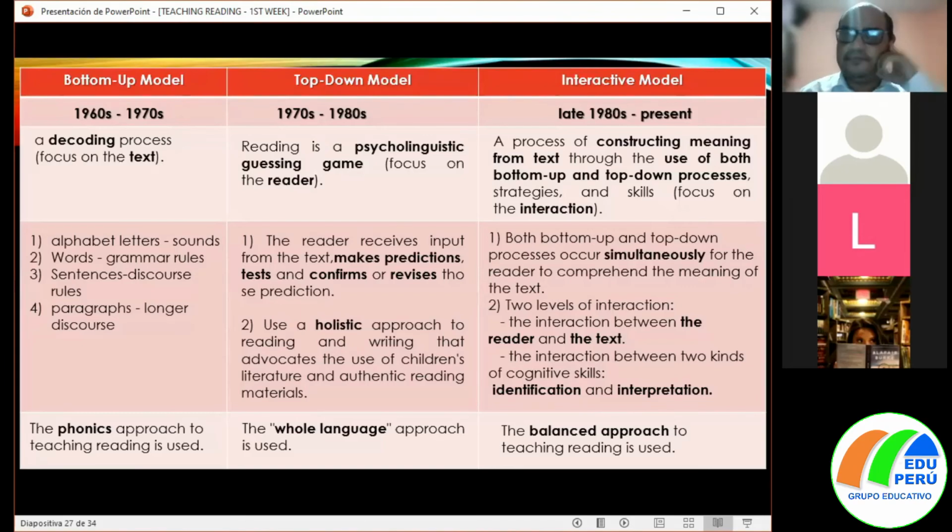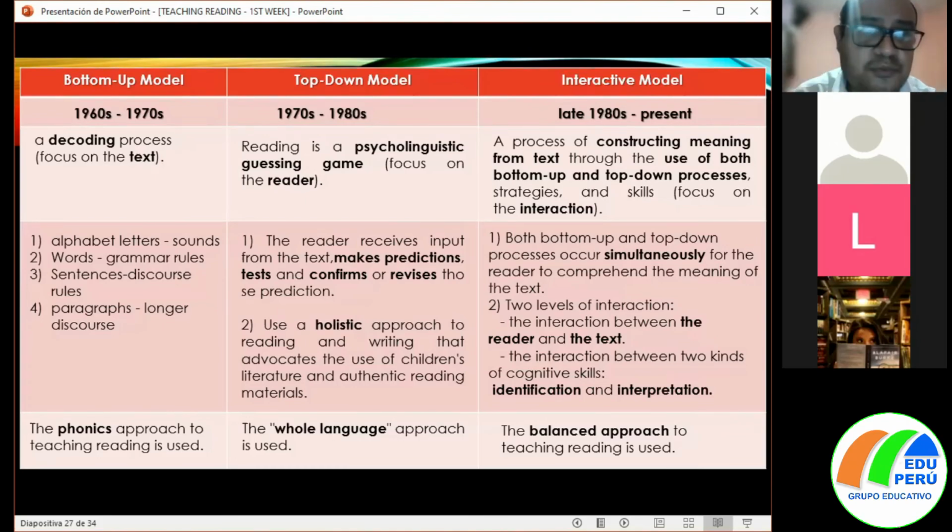So notice here this contrast between the models that we could apply when you teach reading. First, you have the decoding process, focusing more on the formal features of the language. You use the phonics approach. The top-down model is like a guessing game.